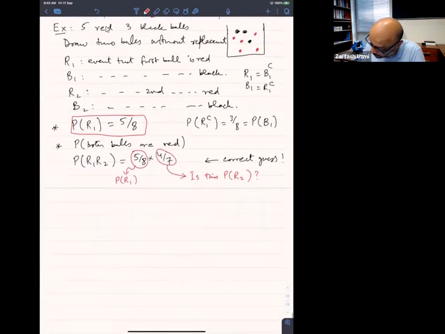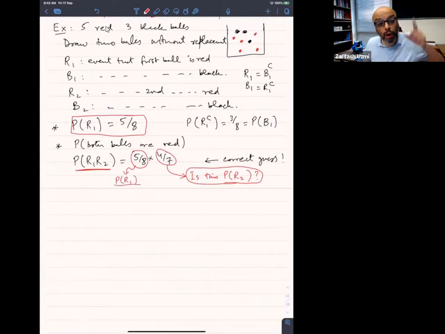So by calling this P of R2, it seems we are thinking in our head that probability of R1 and R2 is equal to probability of R1 multiplied by probability of R2, which only happens when R1 and R2 are independent. In this particular example, are R1 and R2 independent? Is R1 independent of R2?